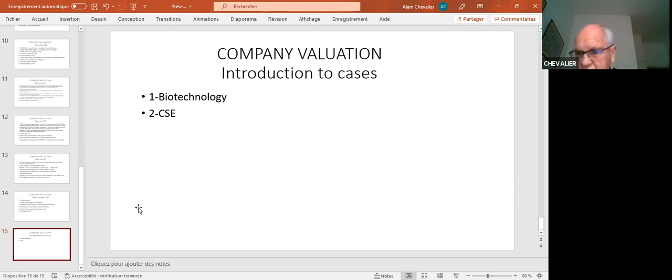So this is just what I wanted to do today. It's an introduction to company evaluation. We went through several main topics after the presentation of the syllabus: who does valuation calculations and why, the main families of methods, a few specific points such as liquidity, volatility, basic principles, and possibly this relation between values and price.